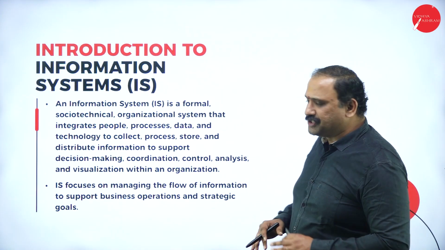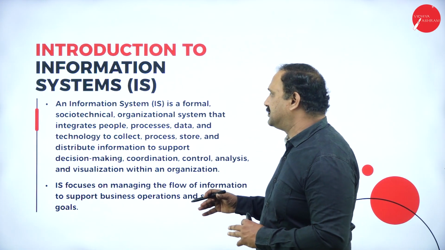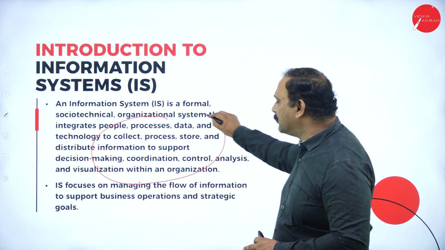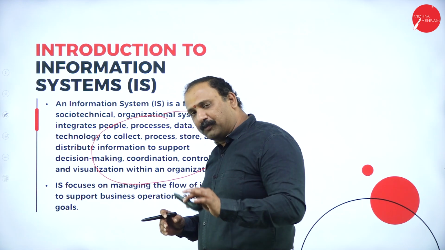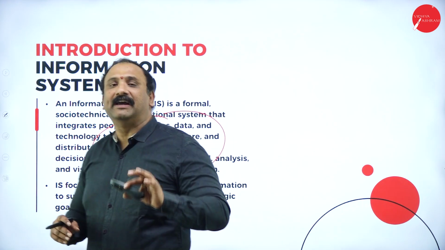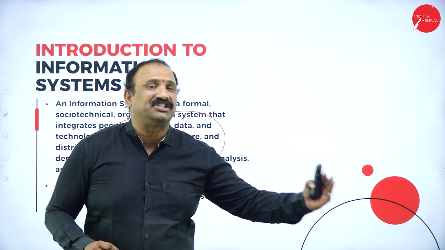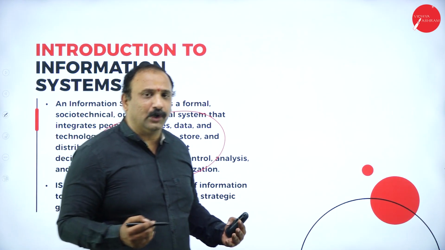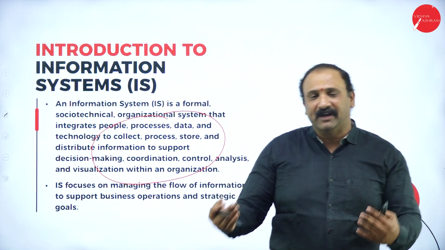Now, an information system is a socio-technical organizational system that integrates people, process, data to distribute the information. This is very important because today we are in a world of information technology and there's a lot of social exchange that is happening altogether. There is information all over. People are exchanging information. People are reading. People are giving out information.